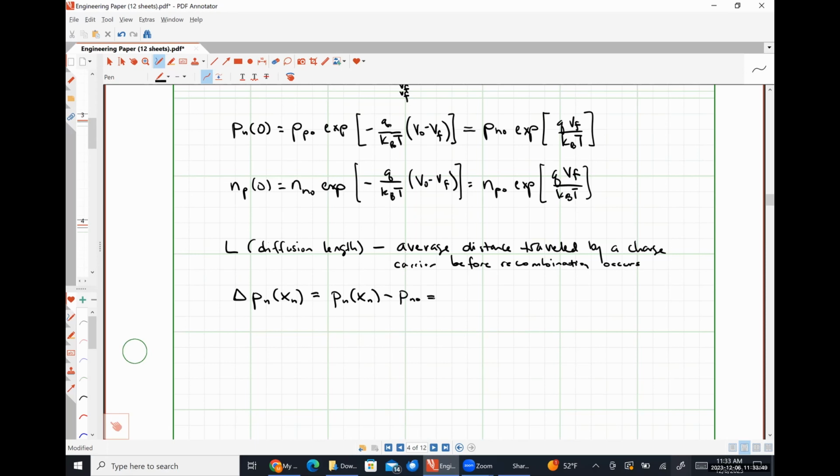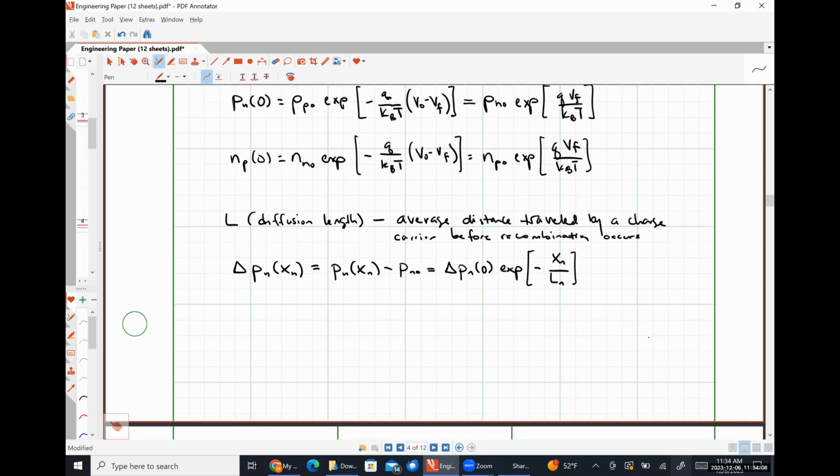And this is related to our diffusion length as delta P_n at 0 times exp of negative x_n over L_n. And we can have almost an identical relationship for the change in our electron concentration as well.